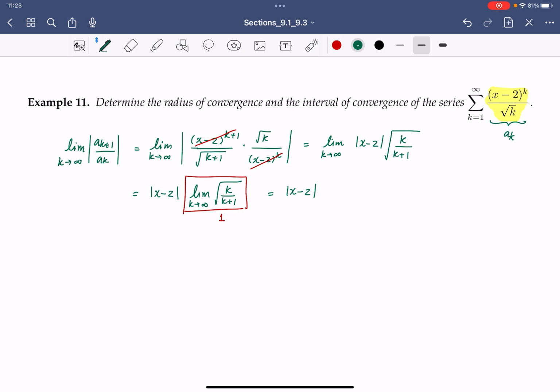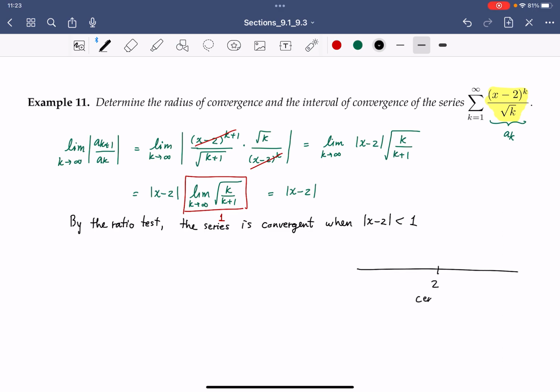When you have this equal to |x minus 2|, by the ratio test, the series is convergent when |x minus 2| is less than 1. So what you know now is that the center is at 2, because this is 2. So it's going to be convergent for sure at 2.